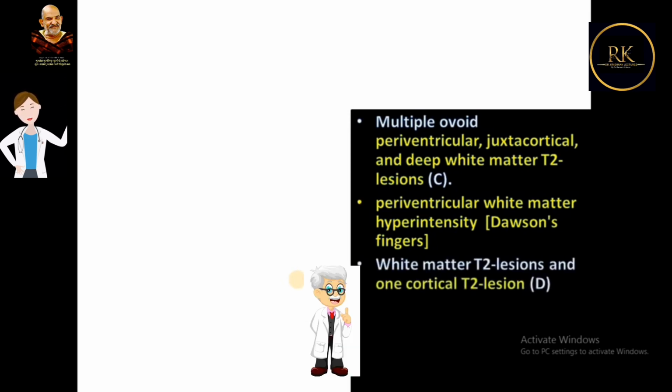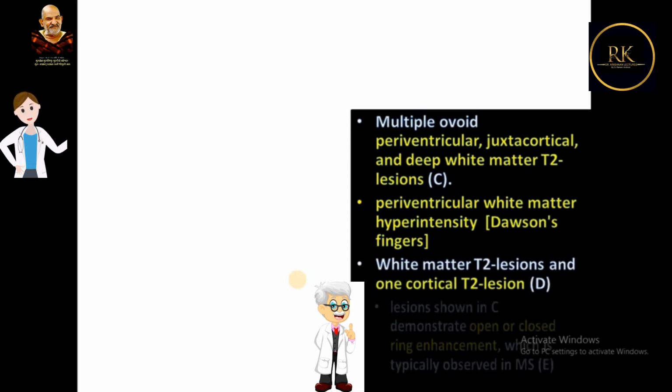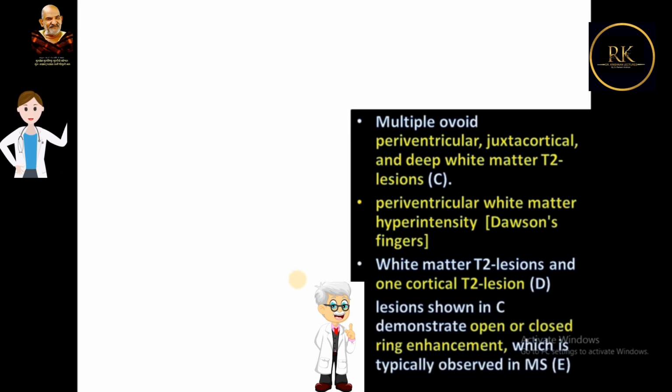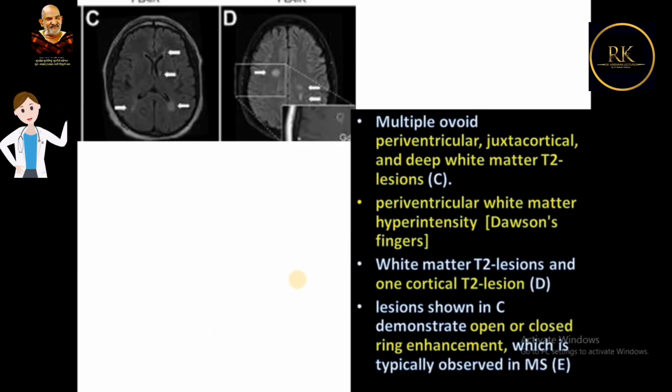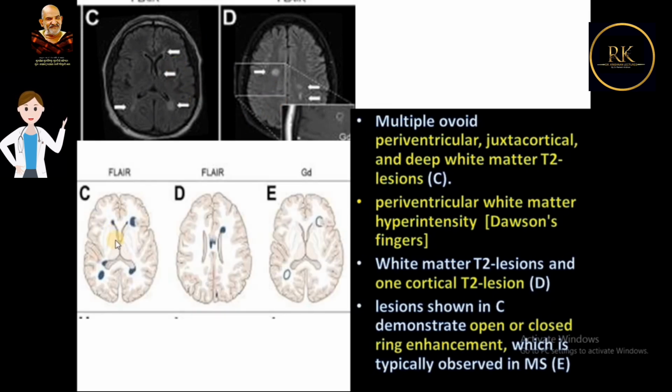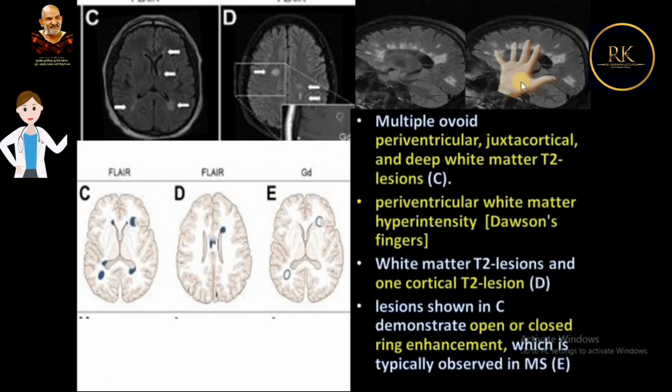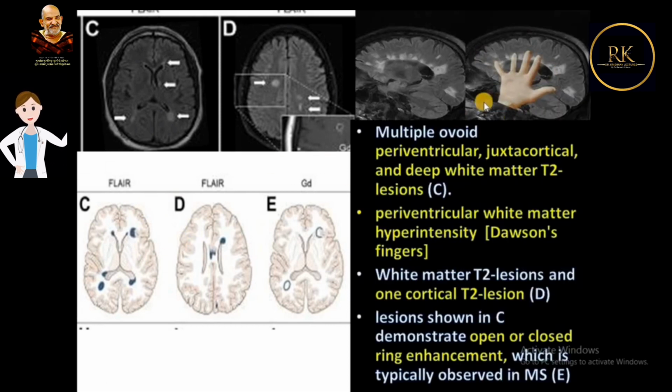Lesions may show C-shaped open or closed ring enhancement. These figures show periventricular, cortical, and deep white matter lesions. These figures further explain the findings in patients with MS, and this is the Dawson's finger, which is the periventricular white matter hyperintensity. All these findings can be seen in patients with multiple sclerosis.